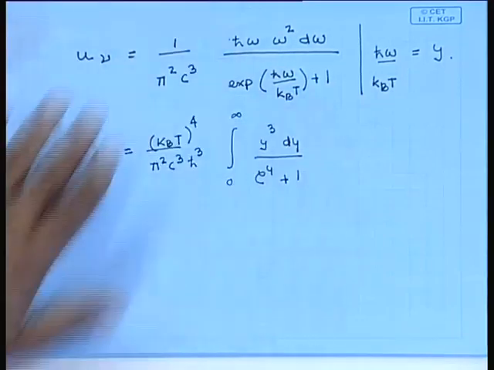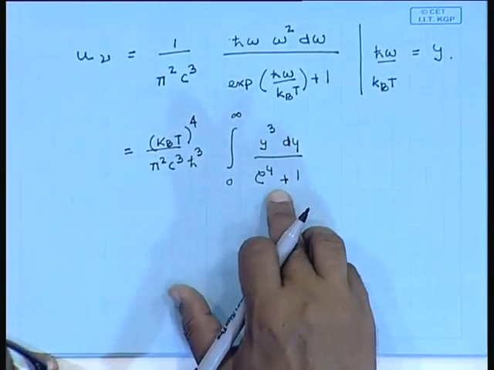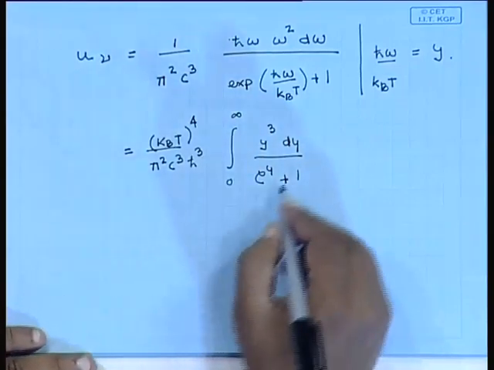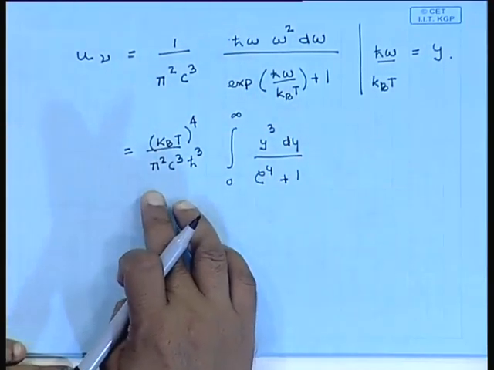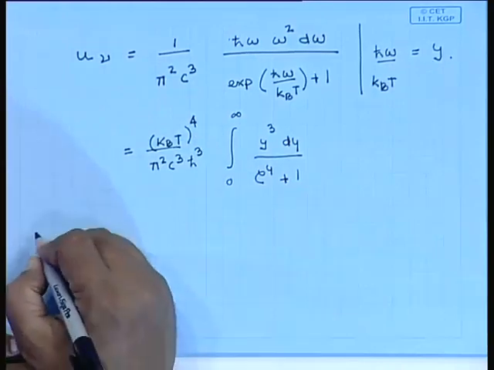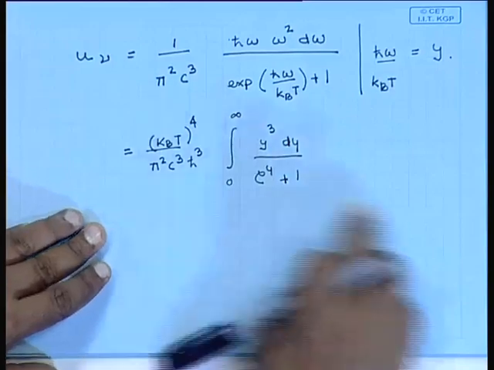We have already worked out exactly the same thing for the Bose-Einstein distribution, just that we had a minus sign over there. For a Bose-Einstein distribution with a minus sign, I would have got the Stefan-Boltzmann constant into T to the power 4. Now we have to evaluate the same thing except that there is a plus sign here.